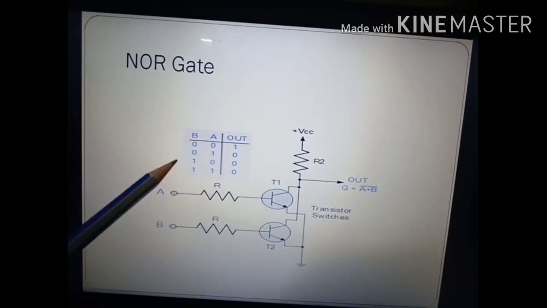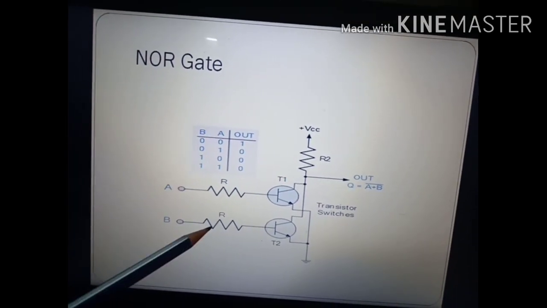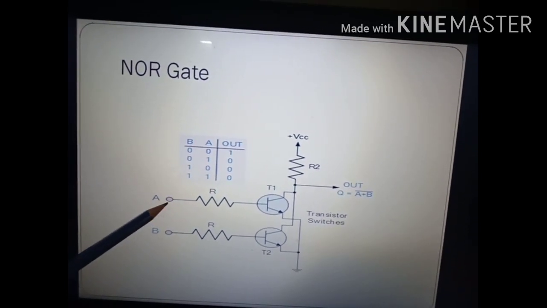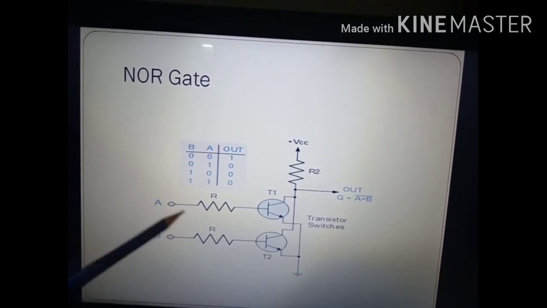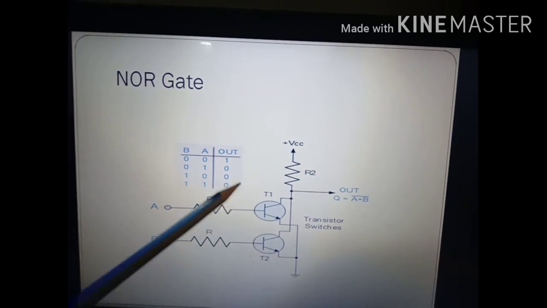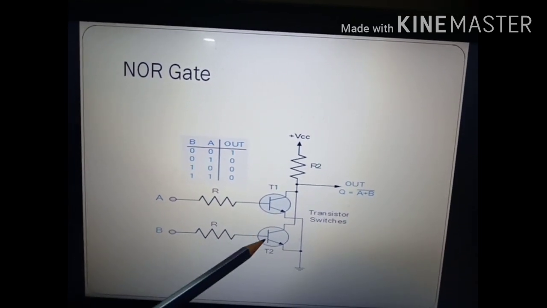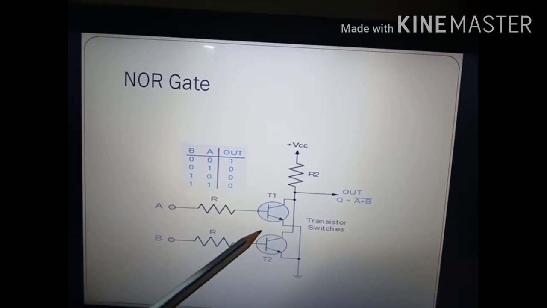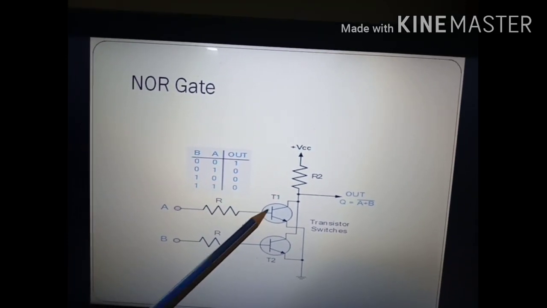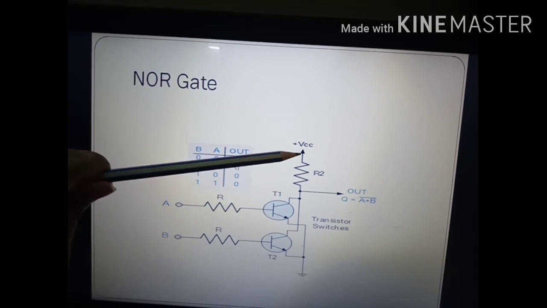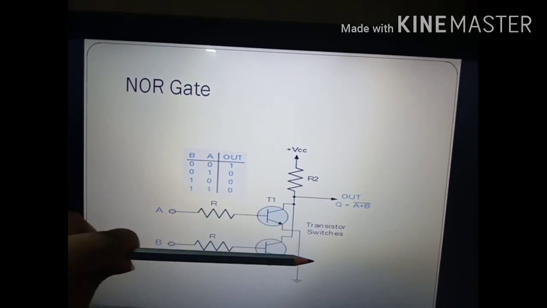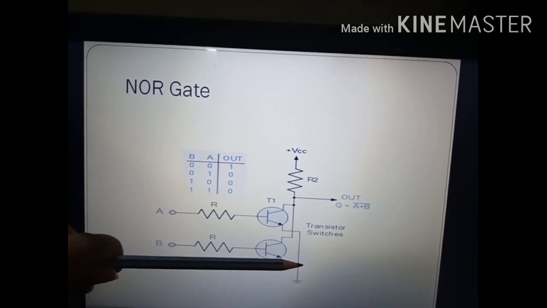So now in case of 1 0, that means here this is 1, this is 0. That means in this case T2 will be activated, T1 deactivated. So in this case current can pass through T2 only, not T1. So current can pass through like this, this point, like this. So what will happen?